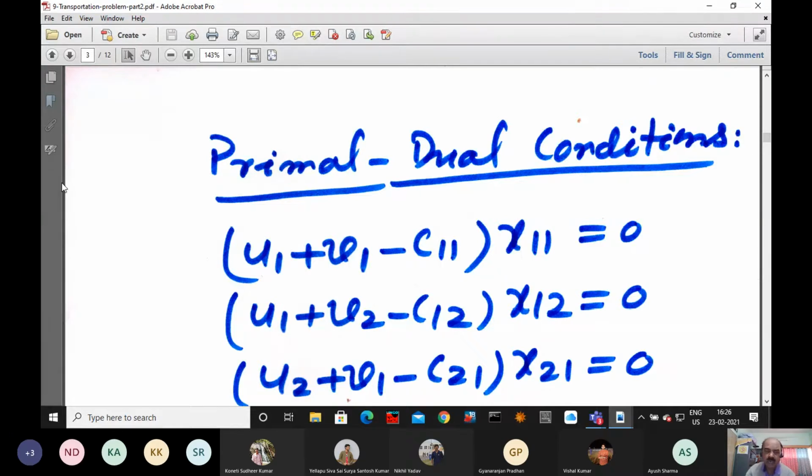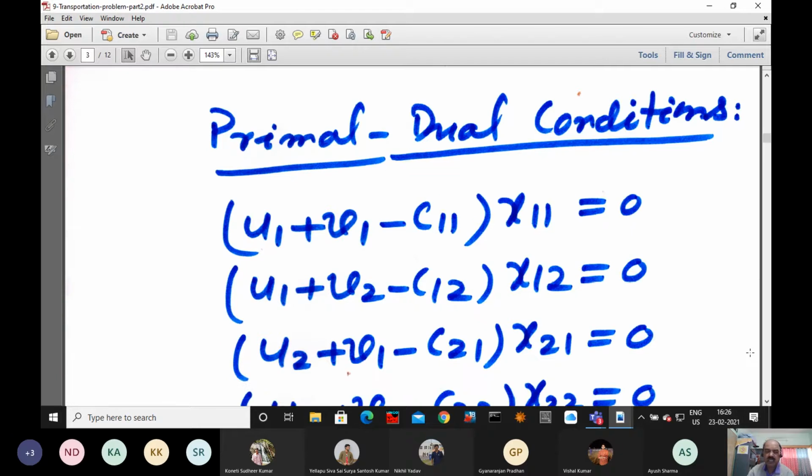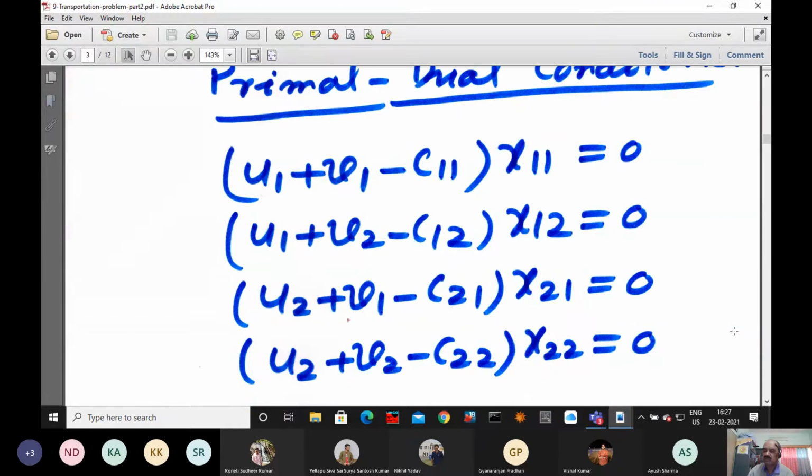Similarly, u1 plus v2 minus c12 into x12 equal to 0 indicates either x12 equal to 0 or u1 plus v2 minus c12 equal to 0. Similarly, for the third one, u2 plus v1 minus c21 equal to 0 or x21 equal to 0, because the product equals 0.